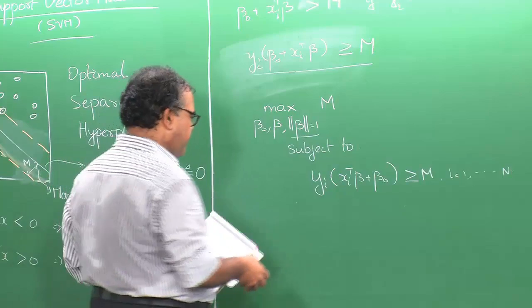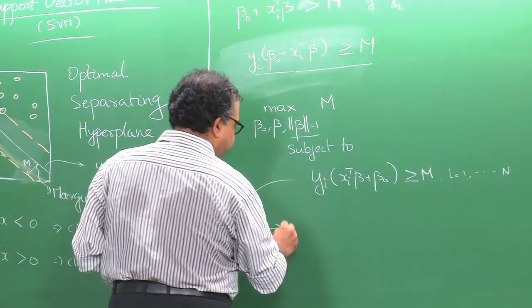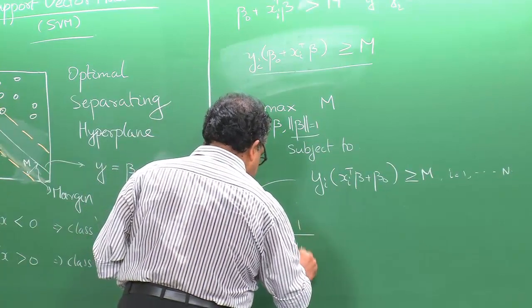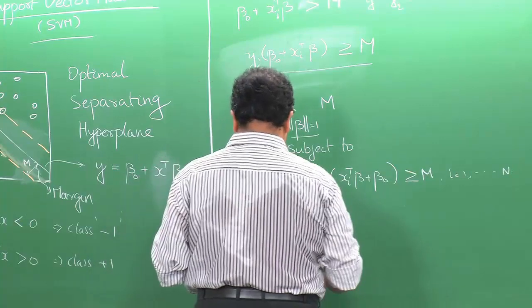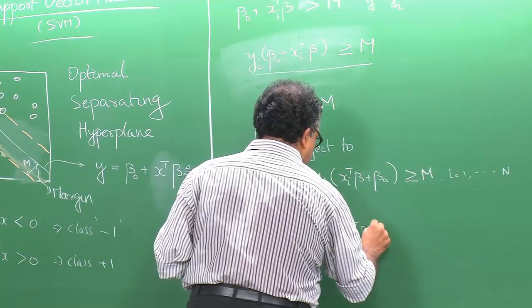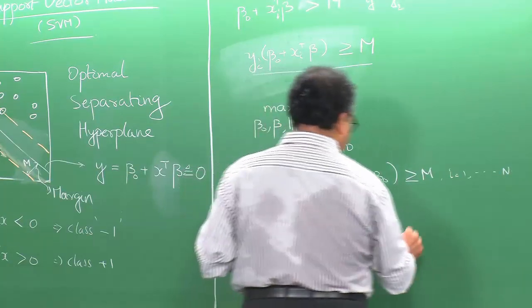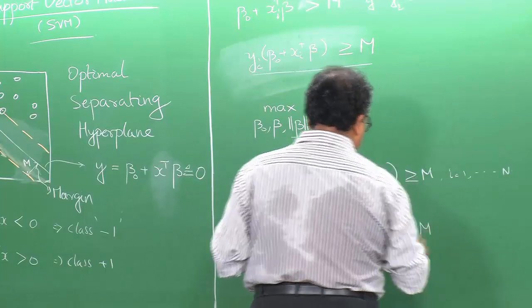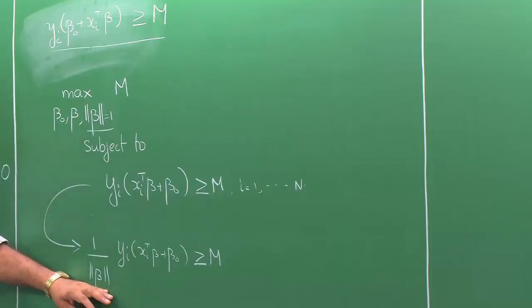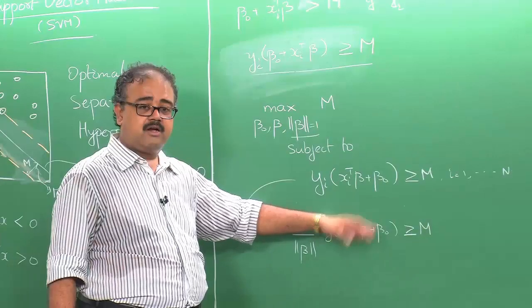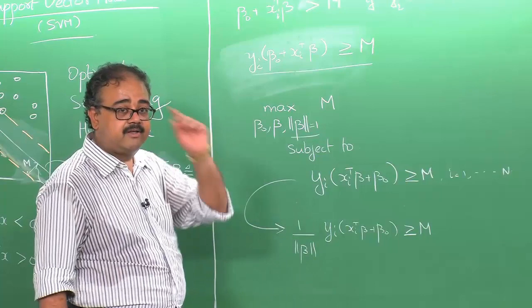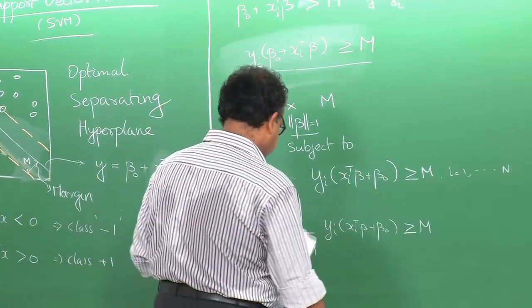We can try to get rid of it by changing the inequality constraints by normalizing them with beta. This again allows me to achieve the same effect of not getting a high value for m just by increasing the size of beta, because I am dividing by the size of beta. So, that achieves the same constraint.